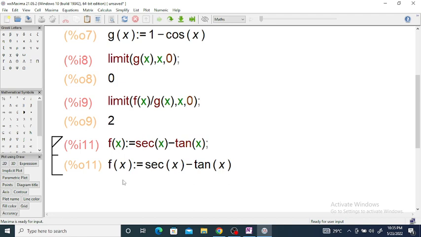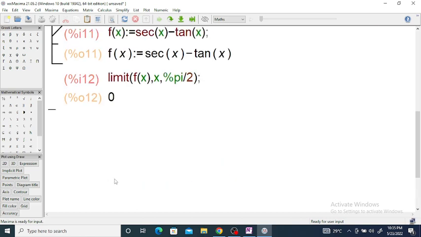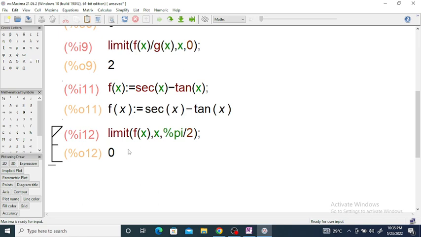So, if you write here limit f of x, the variable is x and the limiting point is pi by 2. To enter pi, we write percentage sign pi, and you can check the limit is 0. To enter a symbolic constant, we write a percentage sign. Okay, so the answer is 0.